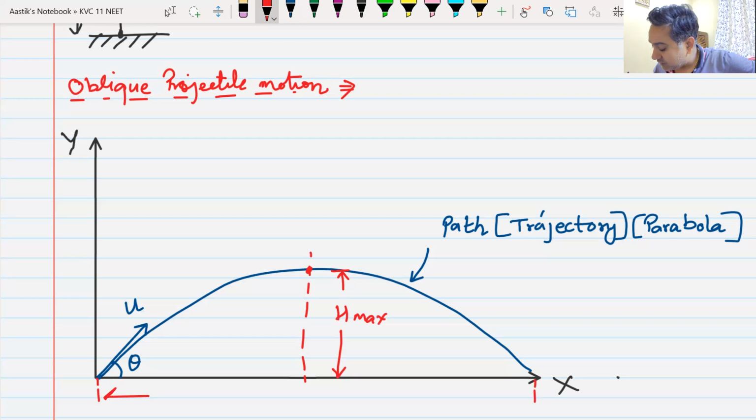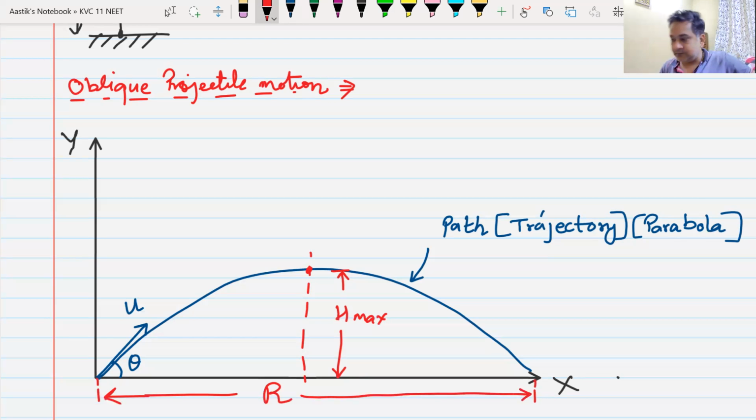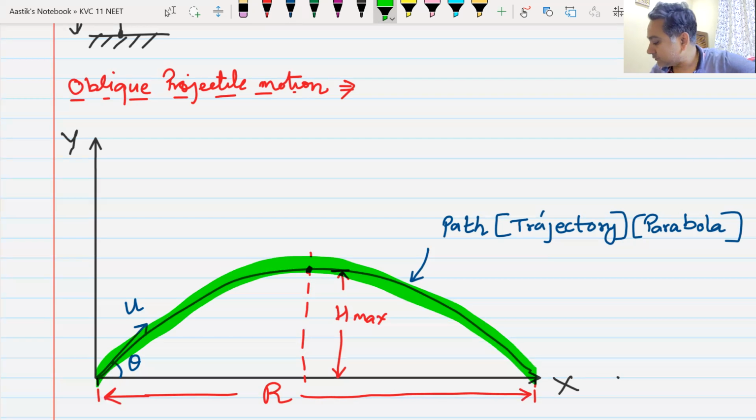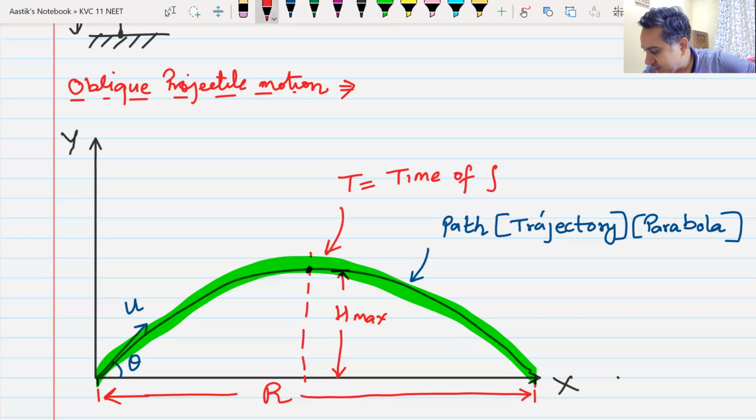It covers some distance on the horizontal ground, which is known as the range. It spends some time in air. That time is known as t, which is nothing but the time of flight. I have used this term time of flight before also. Time of flight.